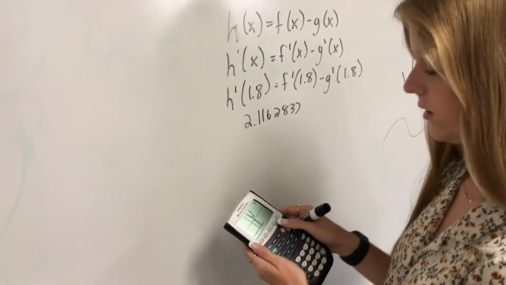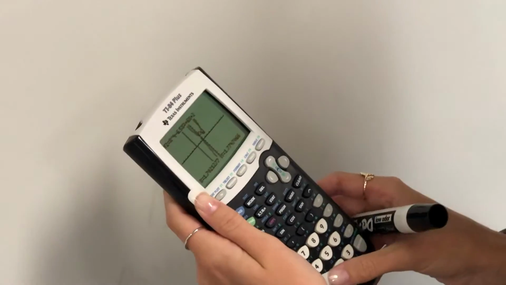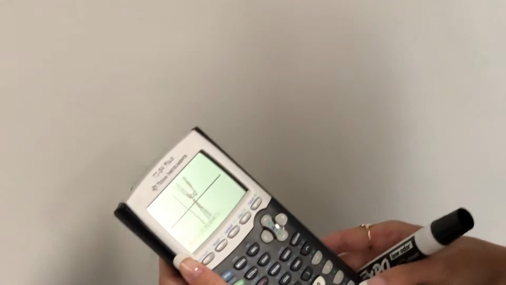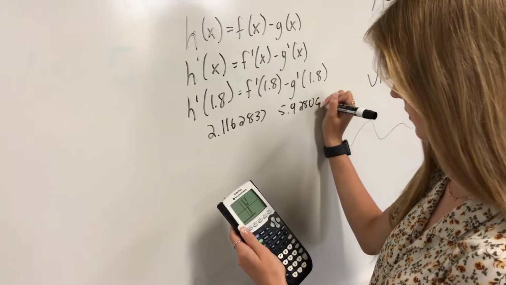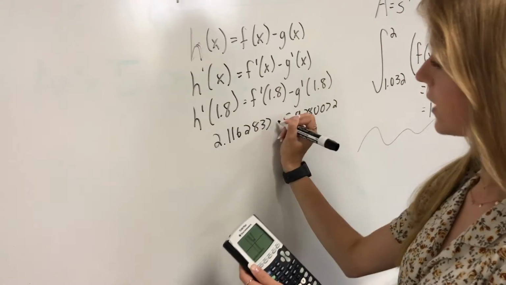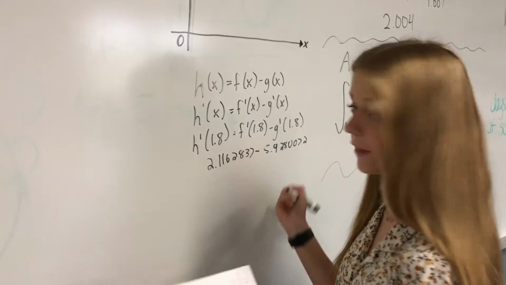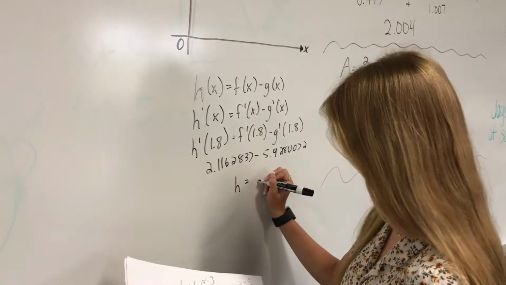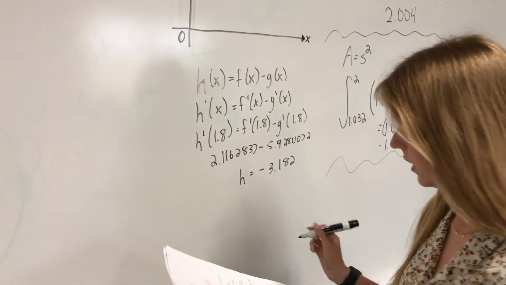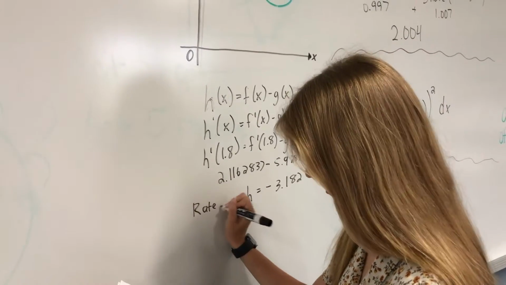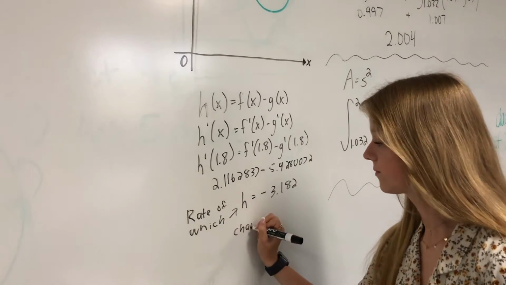Now you're going to do second trace again, 6, then move it down to get the other part of it and do 1.8 again, and you get 5.9280072. So now you're going to subtract these two, and you'll get h prime, or the rate at which h changes, and so h prime equals negative 3.182, and I just rounded to the third decimal point, and remember, this is the rate at which h changes.